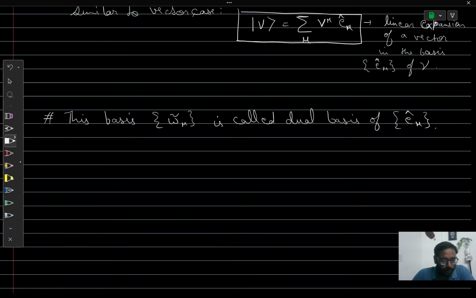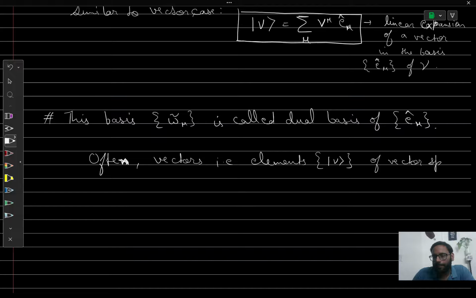Now, often vectors, that is the elements of the vector space, denoted by curly V, are called contravariant vectors.